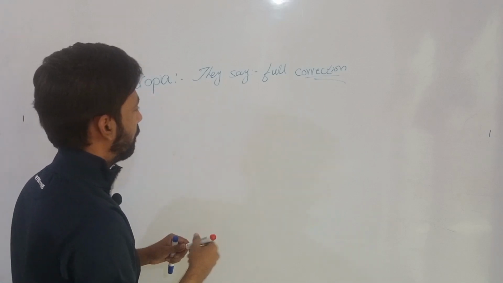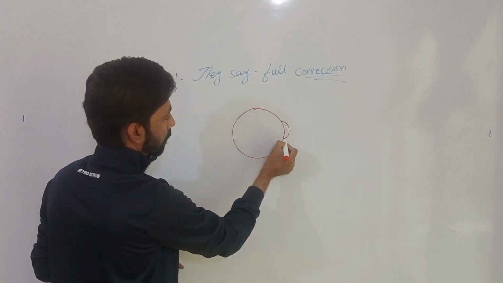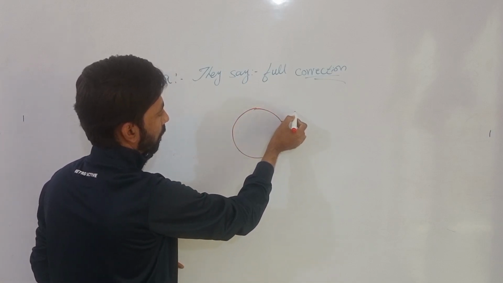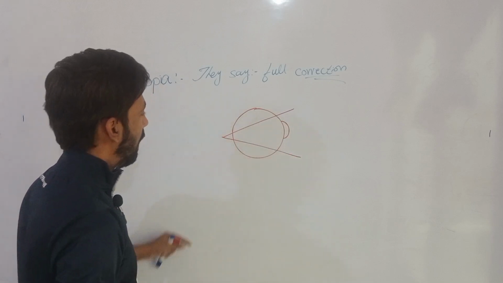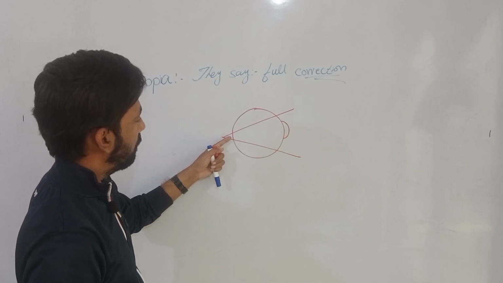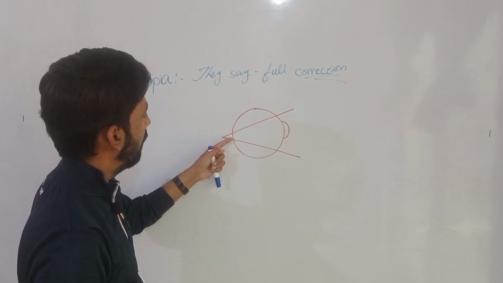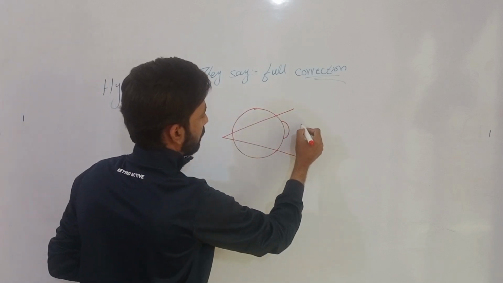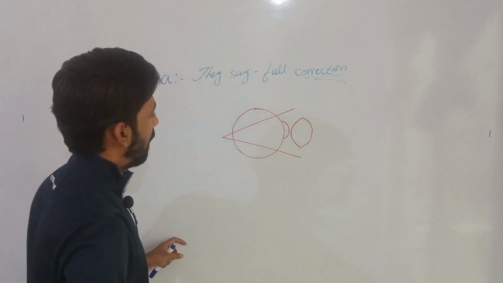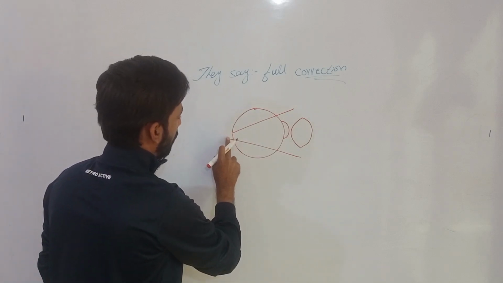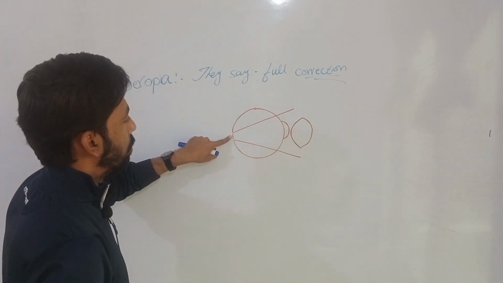The reason is, as this is our eyeball, and the patient is hyperopic, the light rays are behind the retina, and we have to put these light rays on the retina, on the sensitive layer of the eyeball. So we have to prescribe the full plus correction. And when we prescribe the full correction, the light rays will come exactly on the retina, right?